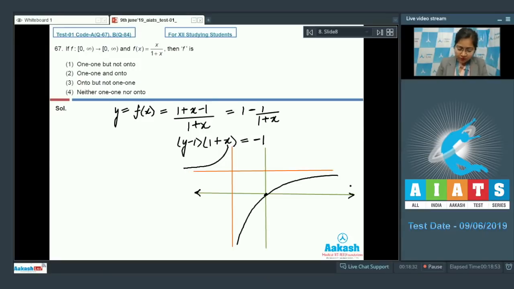So for x going from 0 to infinity, we can see that y is going from 0 to 1. So it is clear that range is not equal to codomain, which means that the function is into. Also from the curve it can be seen that the function is one-one. So the function is one-one and into, which means that the correct answer is option number 1.